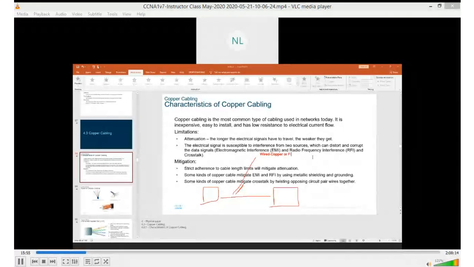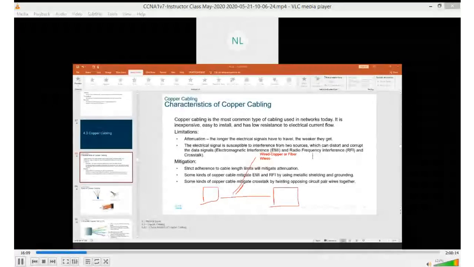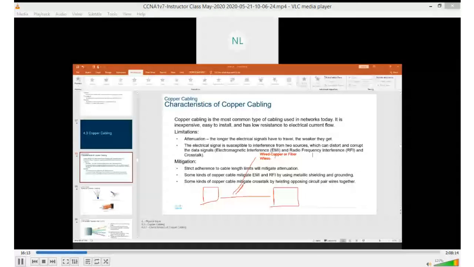Now, if it is wireless, it can be of different technologies, for example Bluetooth, cellular data, VSAT, Wi-Fi, etc. So now we have 3 types of media: copper, fiber, wireless.